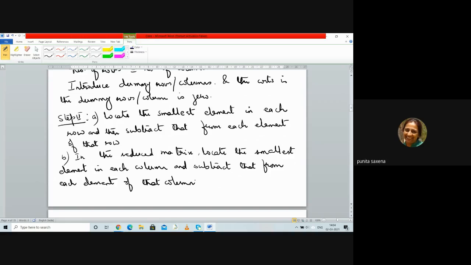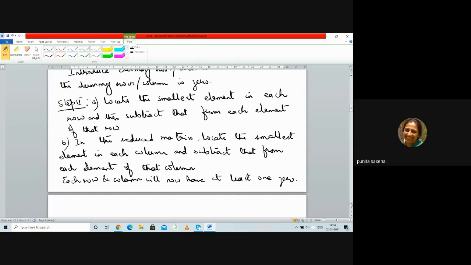Now when you repeat the procedure for the columns as well, each row and column will now have at least one zero. Right? हो सकता है एक से ज्यादा भी हो, that is a different issue, but at least one zero would be there in each row and in each column.